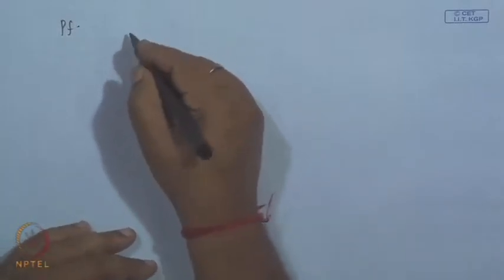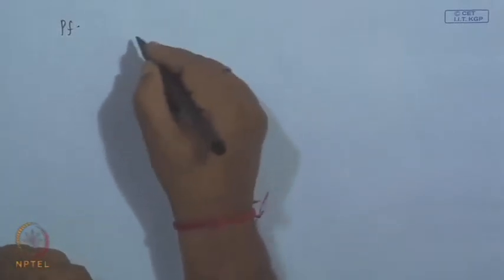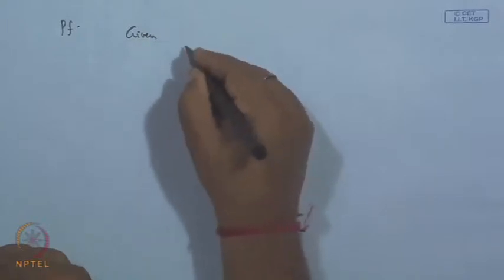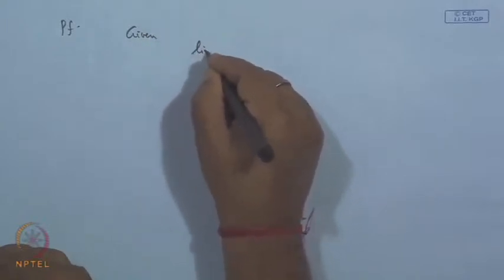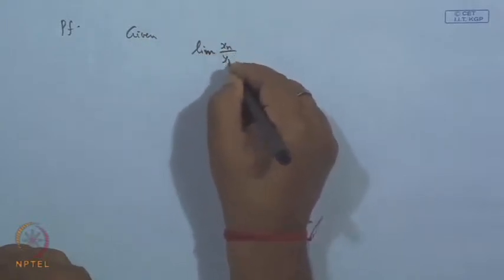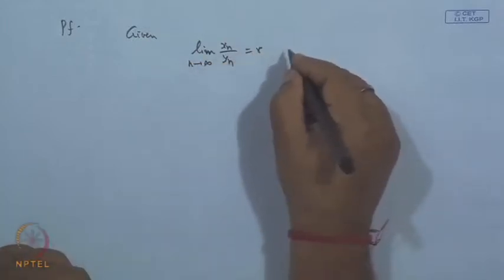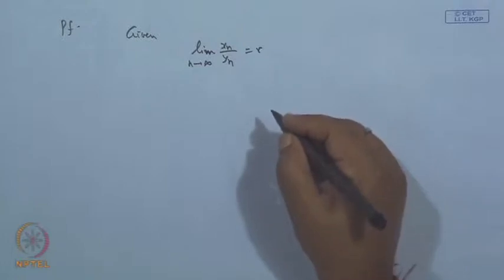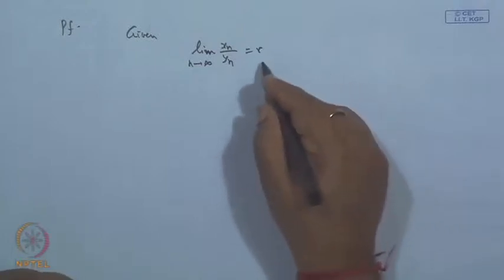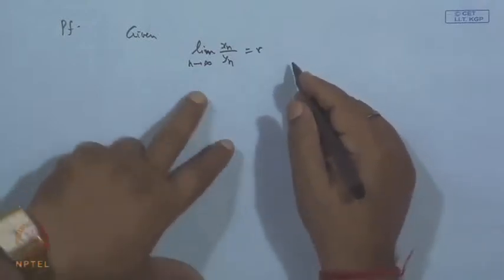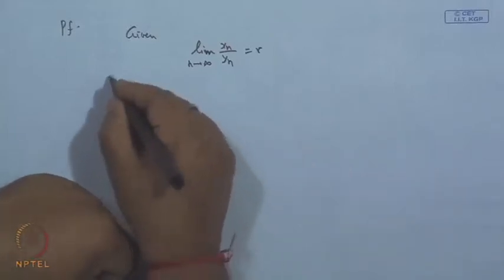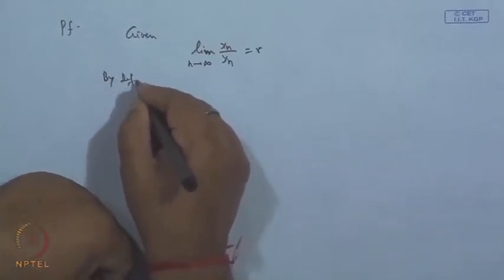Now, what is the proof? Given the limit of x n over y n as n tends to infinity is, say, r, which is different from 0 of course. Now, once the limit is given, then for any epsilon greater than 0, by definition, what happened?